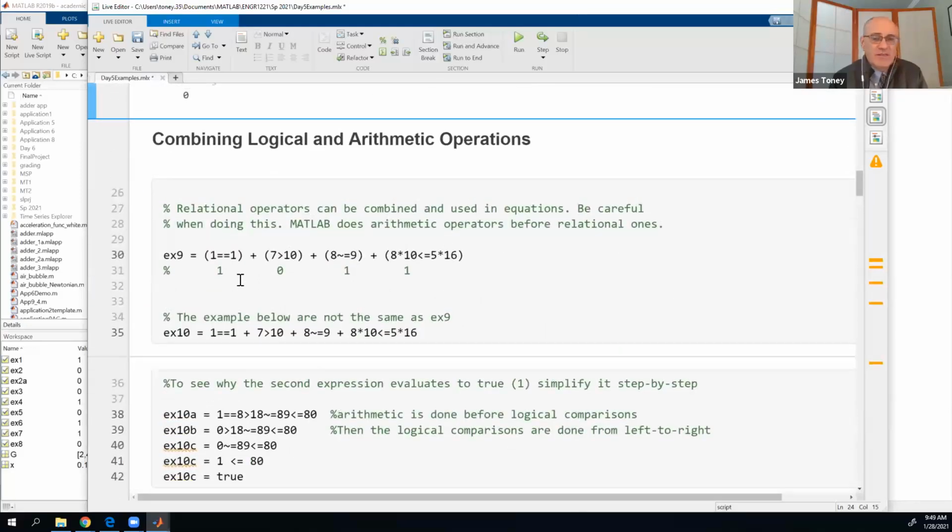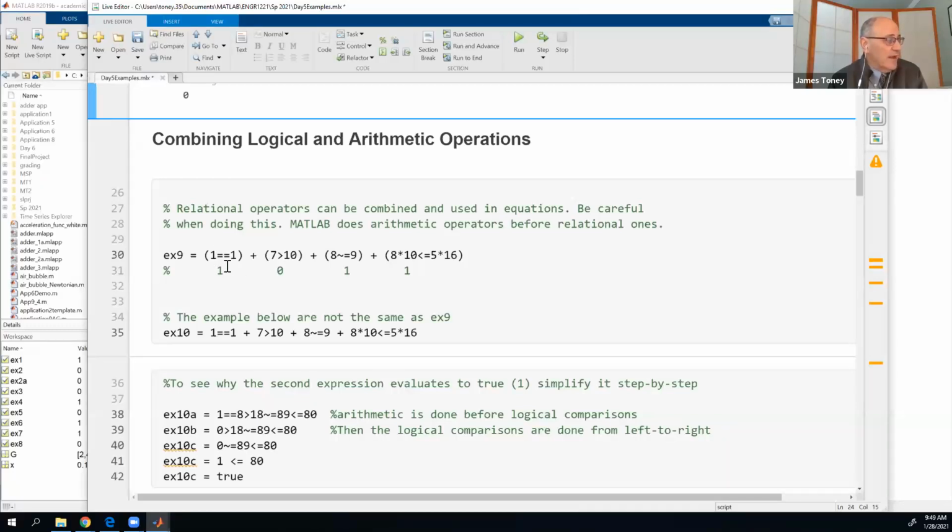Now, here's a funny thing you can do in MATLAB that you might not be able to do in other languages. You can mix these relational operators with arithmetic. Each one of these relational operations evaluates to true or false, which is a 1 or a 0.